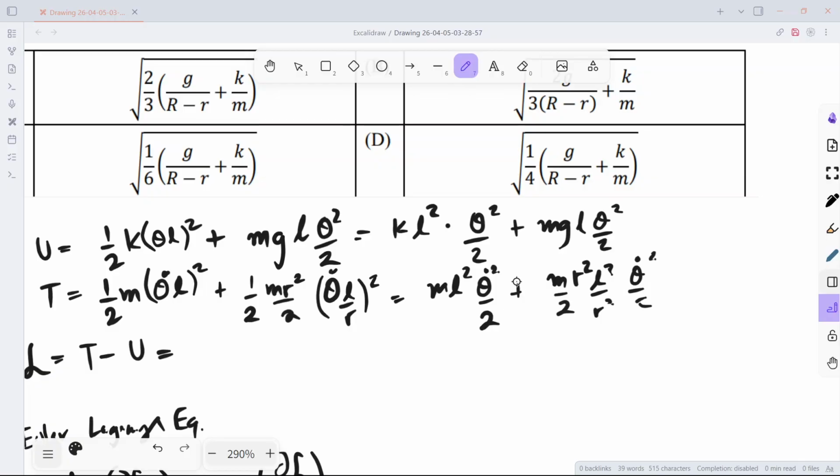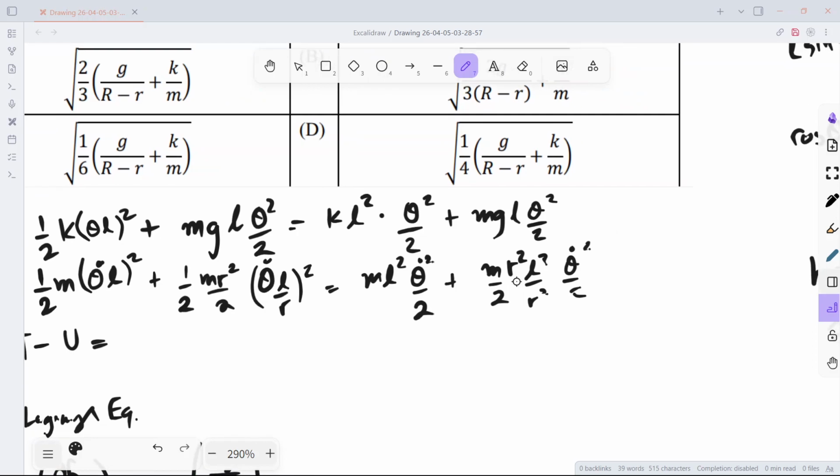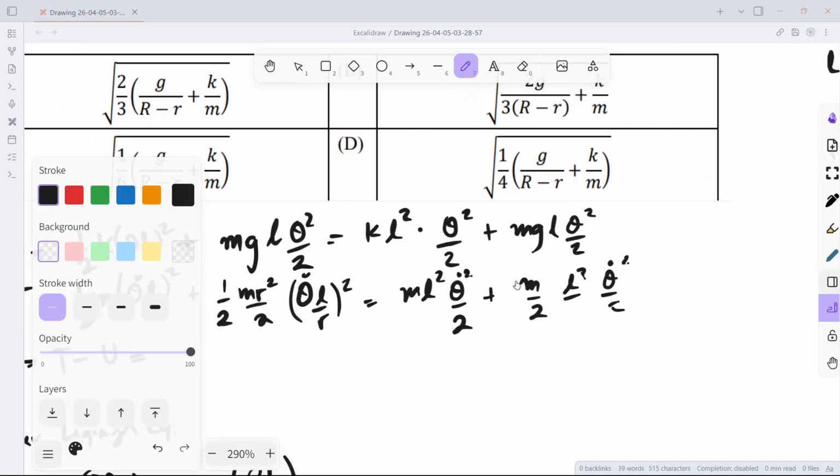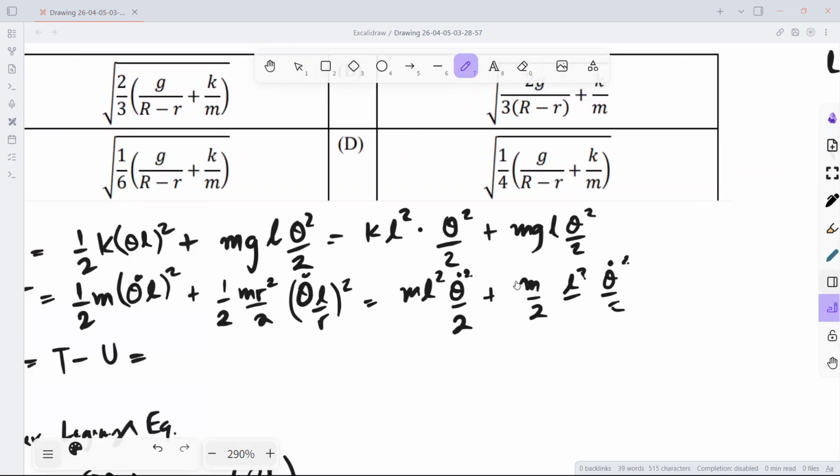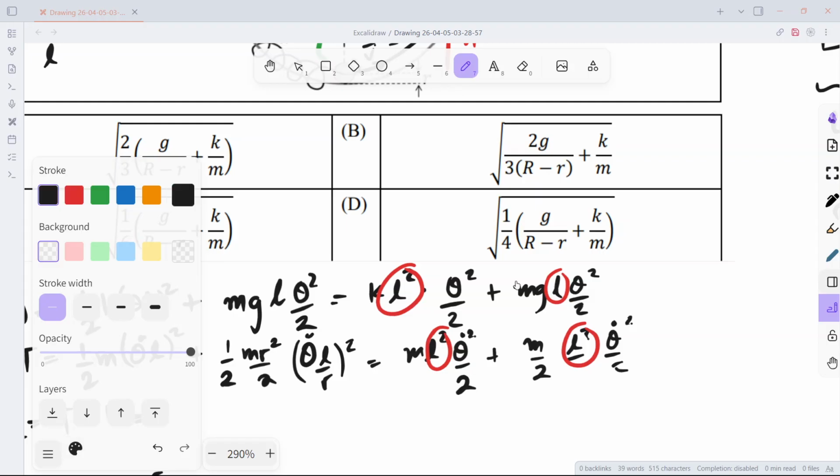There's another 2 here. Notice the R squares cancel. Interesting, so it's all now in terms of L. I'm guessing there's an L squared missing.